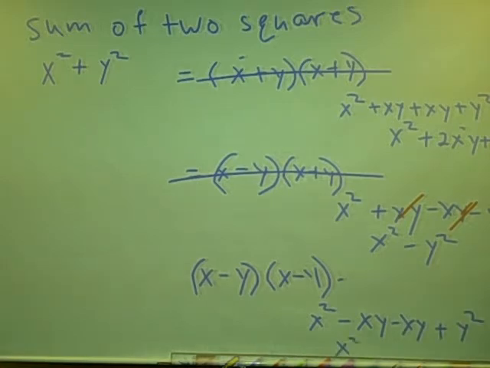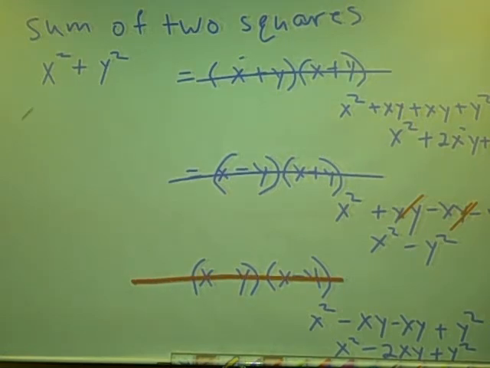Well, that gives you x squared minus 2xy plus y squared. So that doesn't work. So the only thing we can say is the sum of two squares is prime. Cannot factor it using whole numbers. You can't factor it at all.